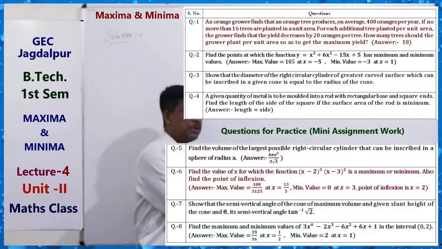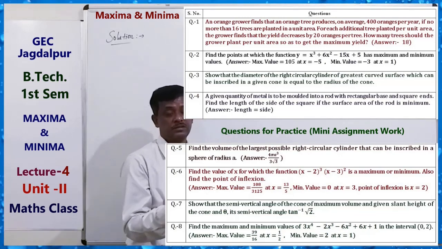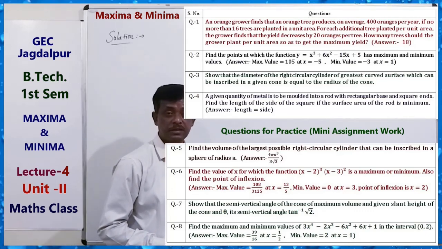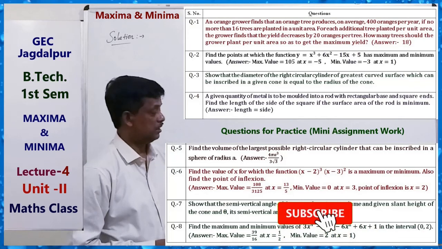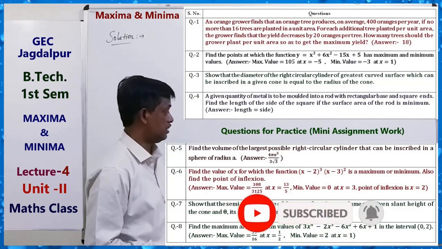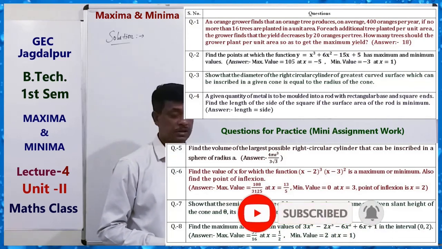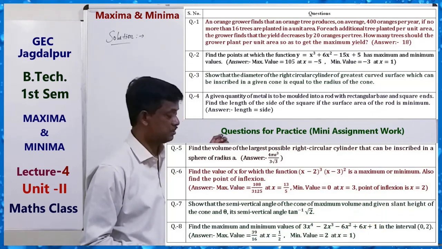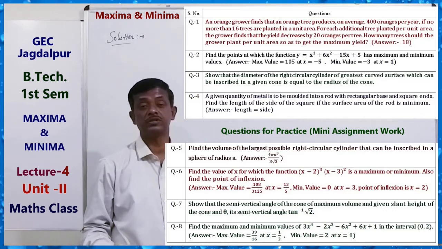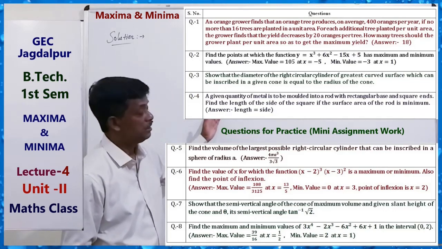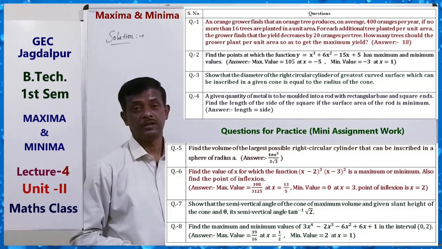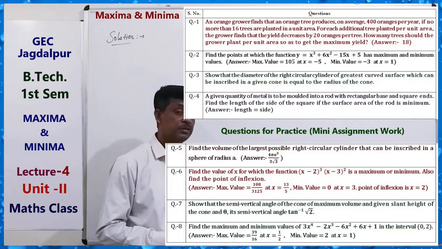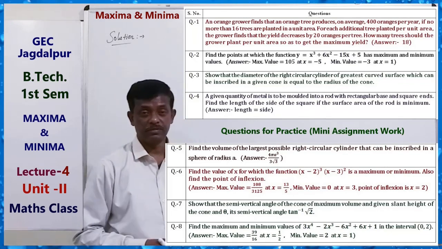And for maximizing or minimizing, use either the first derivative test or the second derivative test. Okay, for that, find the first derivative, put it equal to 0 and find the values of the unknowns, and for each unknown test the second derivative, whether negative or positive, and if the second derivative is difficult, then you can use the first derivative test.